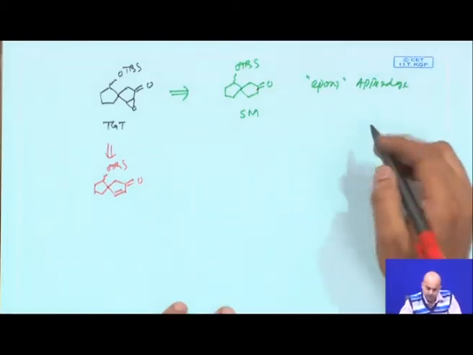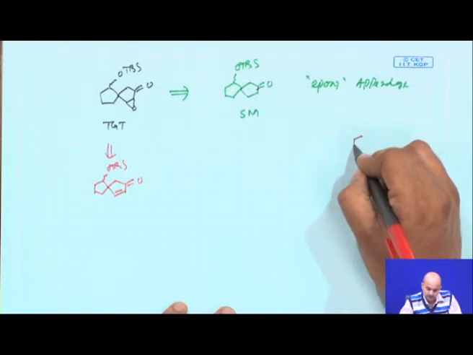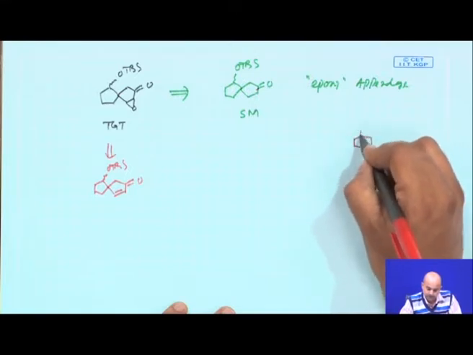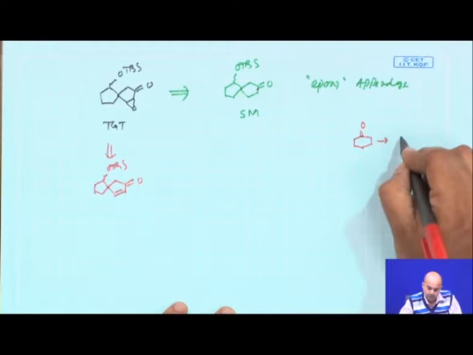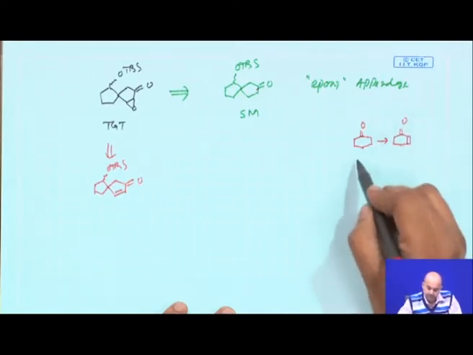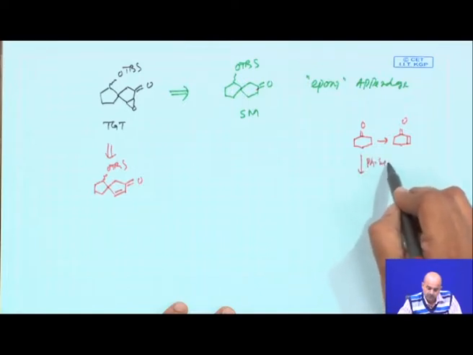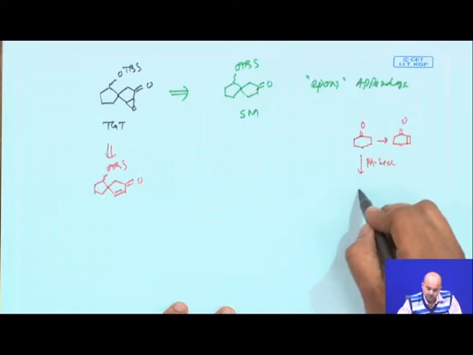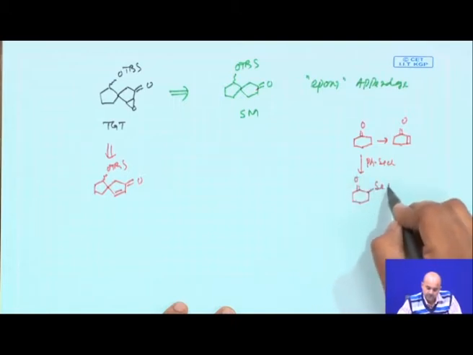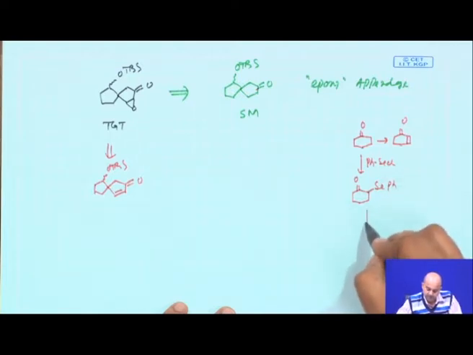Now, if you remember, earlier we said that cyclohexanone can be converted to cyclohexenone by selectively introducing phenyl selenium chloride, which basically gives you a SePh, and then this SePh was subjected to oxidative rearrangement with sodium periodate.